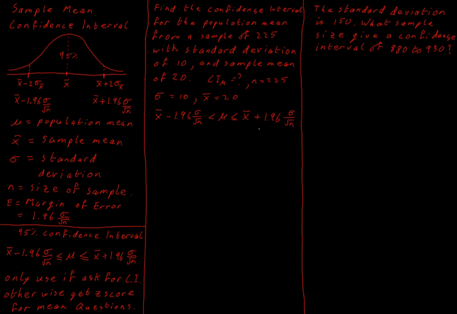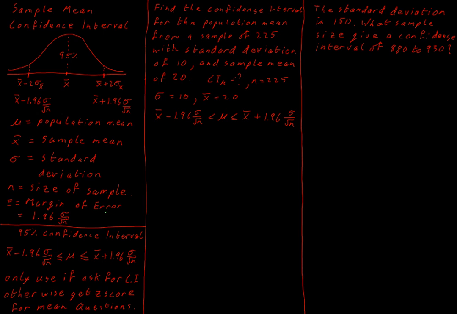Now, again, what this means is we are 95% confident that the true population mean is between these two values. And we can see that if our sample got bigger, the plus or minus that we'd be doing would be getting smaller. Our margin of error would be getting smaller as n gets larger.